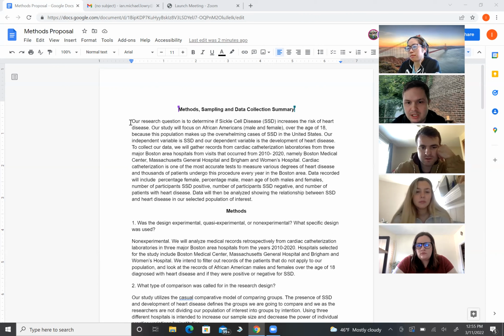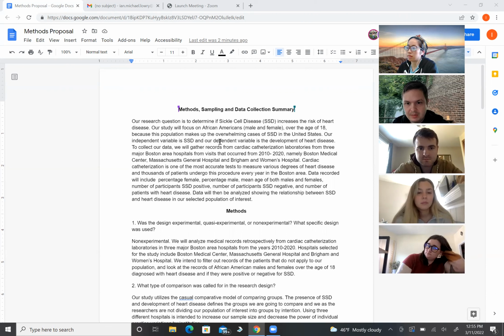So our research question is to determine if sickle cell disease increases the risk of heart disease. Our study will focus on African Americans, male and female, over the age of 18, because this population makes up the overwhelming cases of sickle cell disease in the United States. Our independent variable is sickle cell disease, and our dependent variable is the development of heart disease.